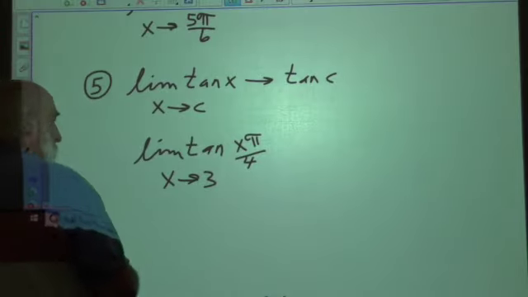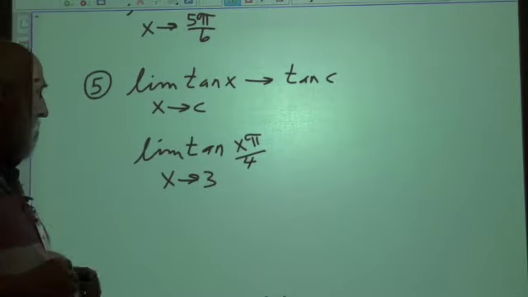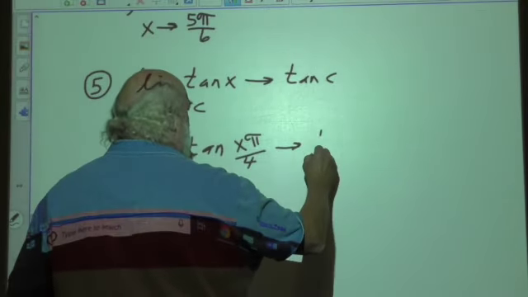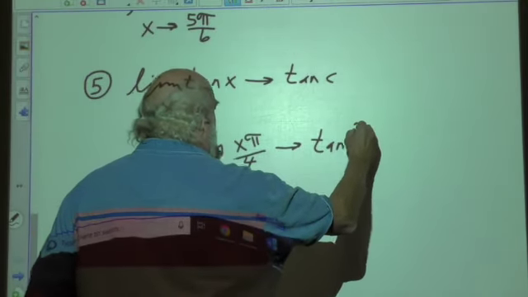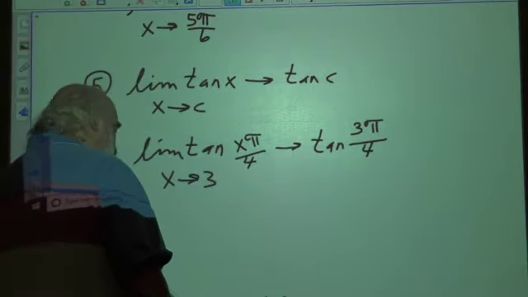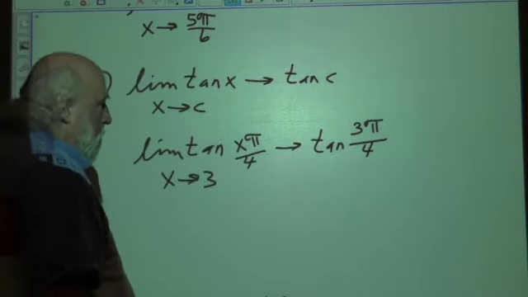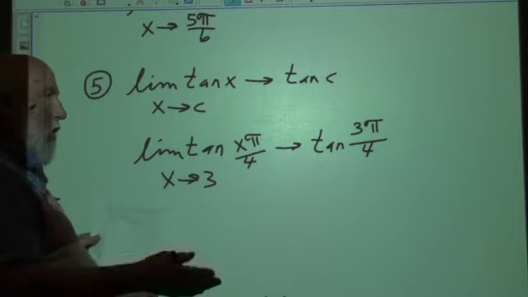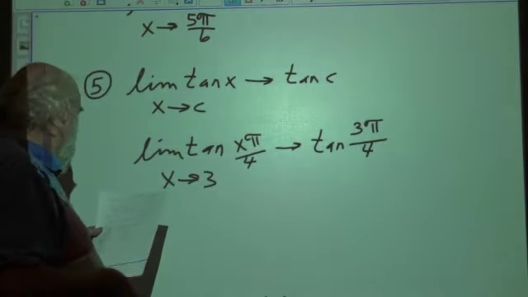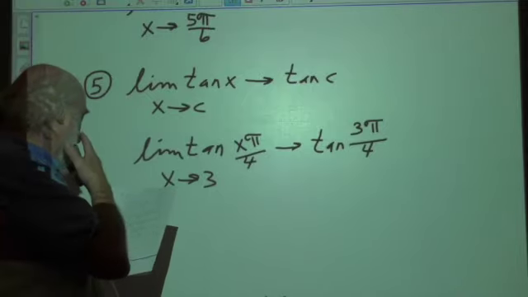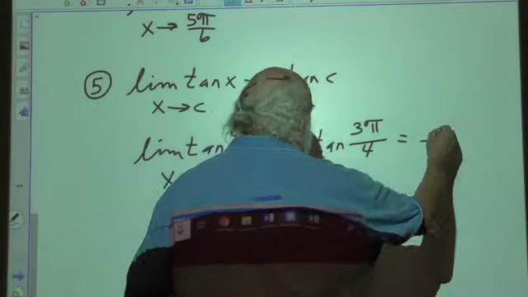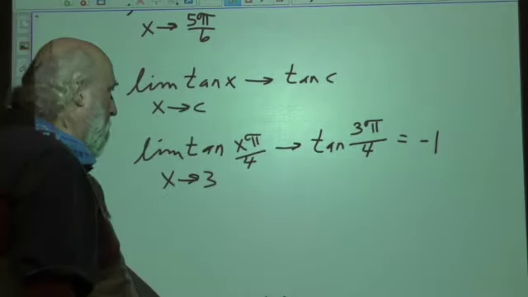So this becomes the tangent of 3 pi over 4, and 3 pi over 4 is 270 degrees, and it turns out that the tangent there, when you punch that in your calculator, is -1.